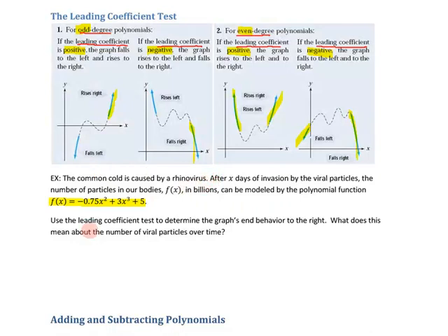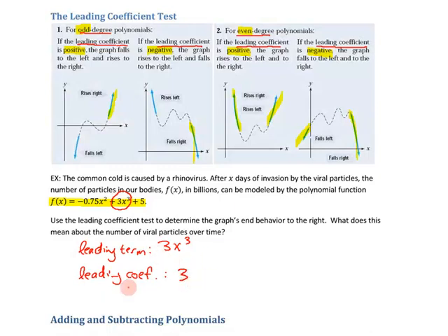Okay, so first of all, what is the leading term in this? Okay, we've got the x squared term, the x cubed term, and the 0 degree term of the 5. Right? The leading term is going to be this one because it has the highest degree, 3x to the third. Okay? The leading coefficient then is 3.